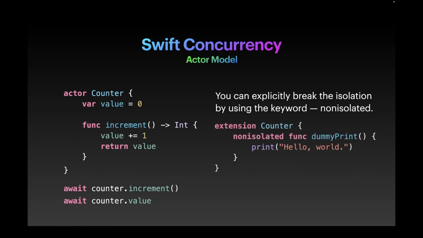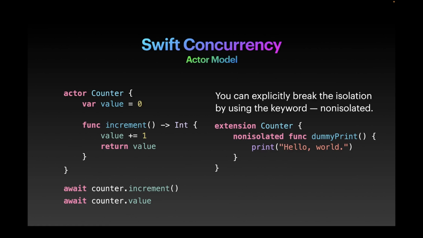Let's take a look at the example here. Again, I can extend the counter. Of course, you can also define this function right inside the actor. It's totally valid. Just for clarity, I use the extension here, and I define the function name as dummyPrint. This function prints something. You can see in this function, I don't really use any internal value defined in the actor, and I don't call any internal function defined in the actor.